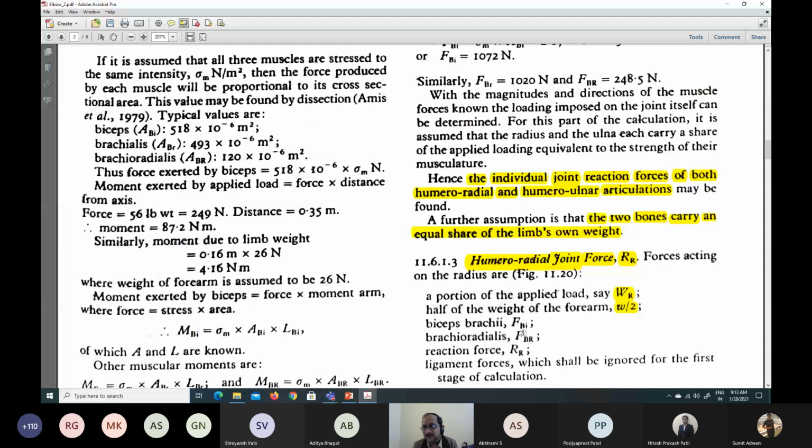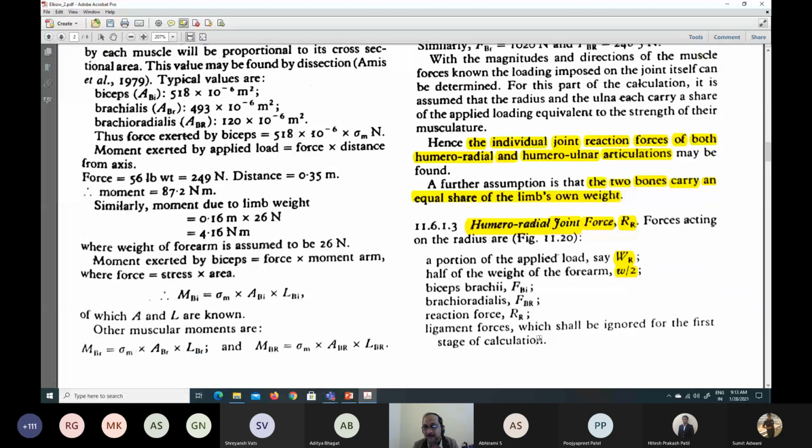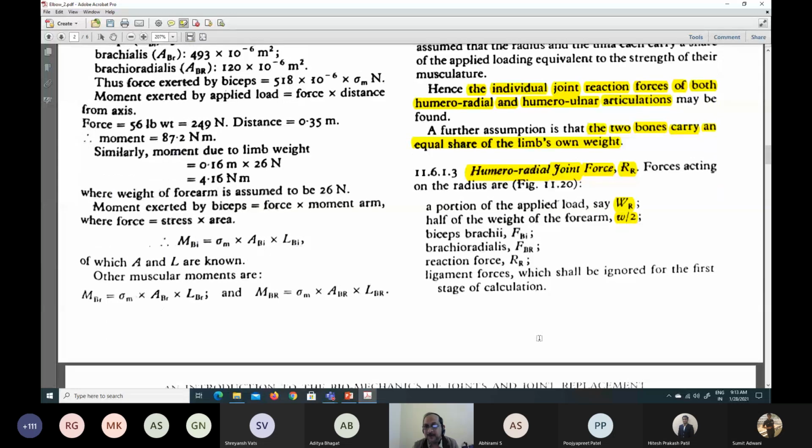Again, we take into consideration the biceps brachii and brachioradialis. So these two muscles are acting on the radius, very importantly, and based on which we will calculate the reaction force.